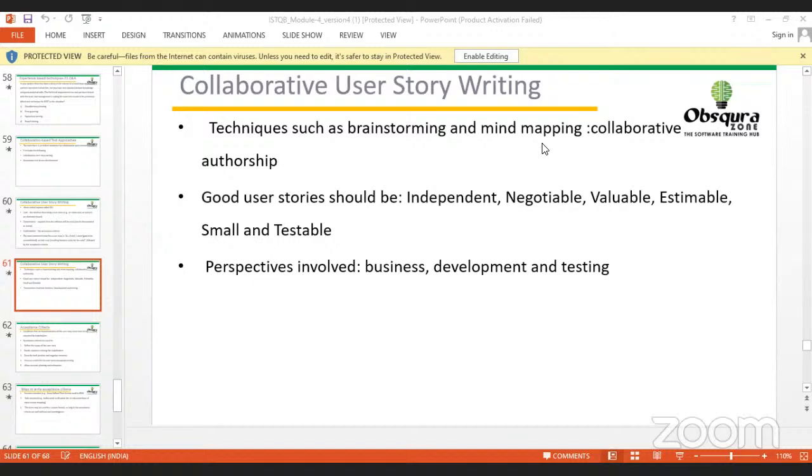Different organizations prefer different methods for writing user stories, like writing them on cards. Brainstorming and mind mapping means all the people sit together, collaborating and communicating, in order to write the user stories.